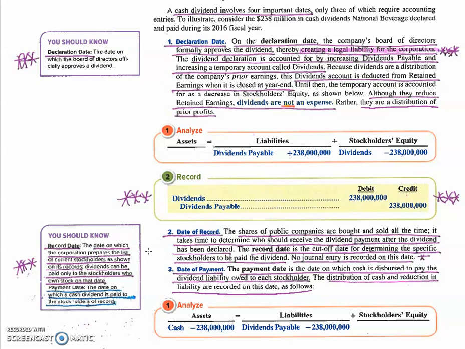So the example I was using in the last video, the board of directors declares a $1 per share dividend payable to stockholders of record as of April 30th, payable on May 31st.